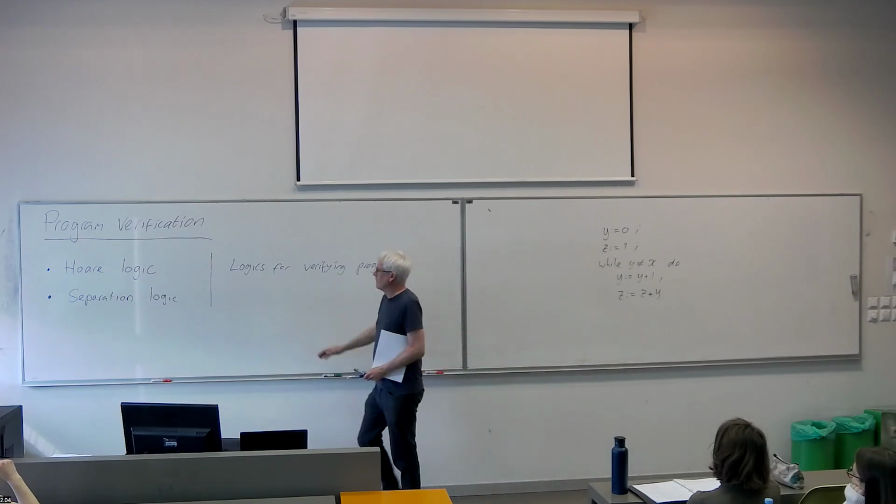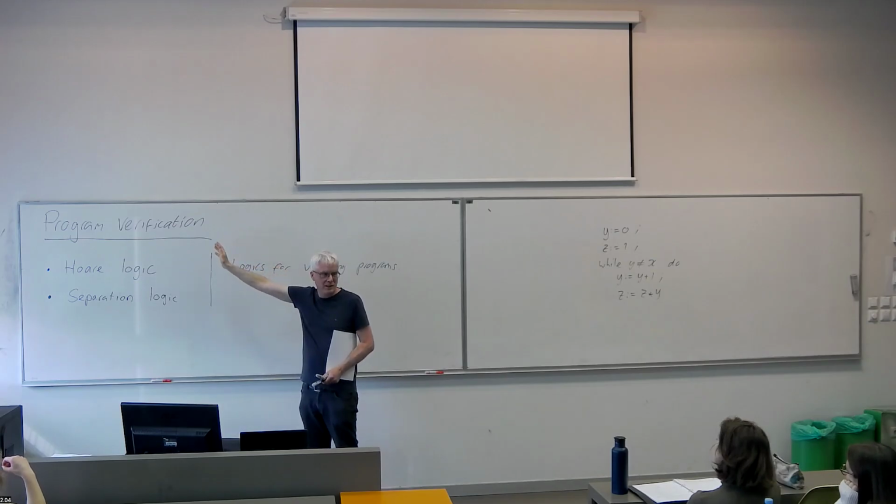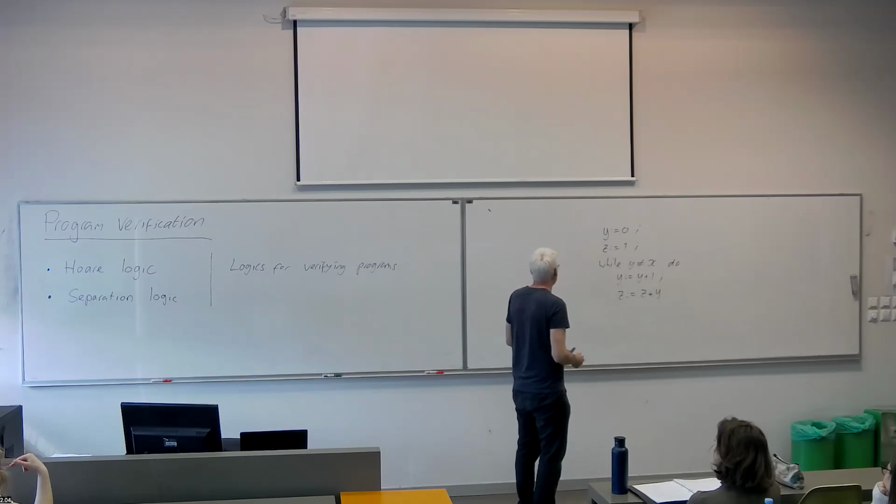And then the program verification is you specify what you want a program to satisfy, you follow the proof rules to prove that the program satisfies it, and lo and behold, you've proved that your program does what you want.